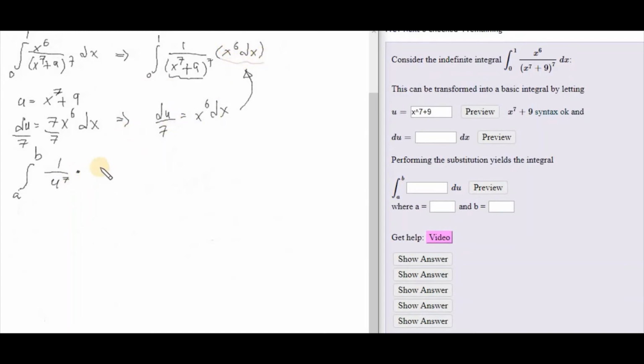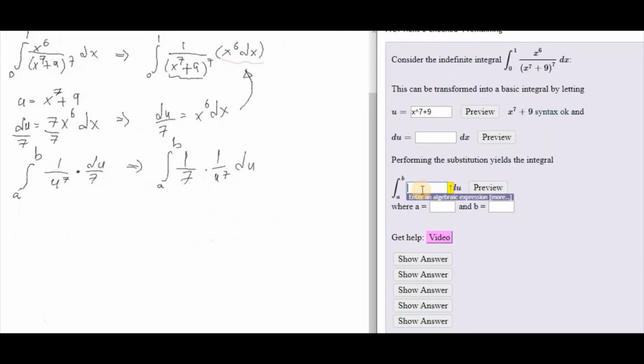It will turn into du over 7. So I can rewrite this as the integral from a to b of 1 over 7 times 1 over u to the 7th power du. So what should go here is 1 over 7 times 1 over u to the 7th power, like so. So this is how I wanted it to look like.